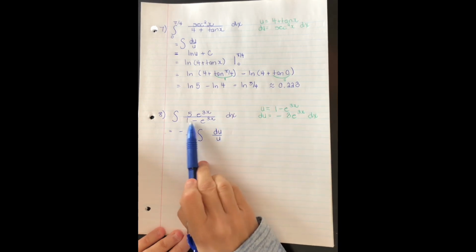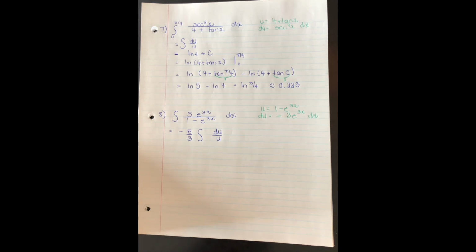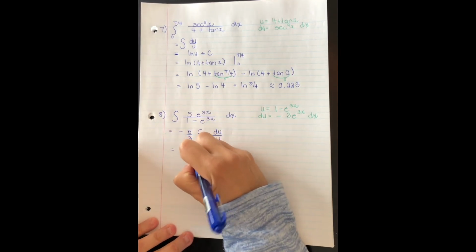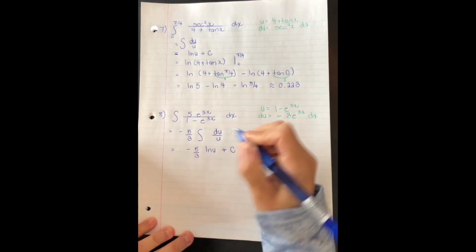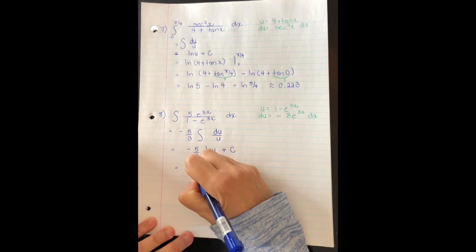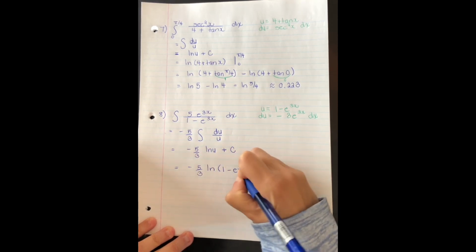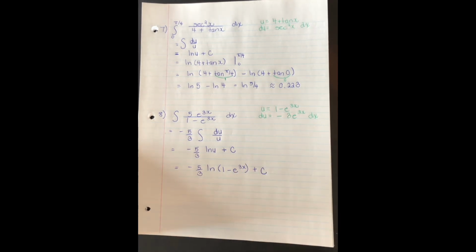Okay, so the bottom is u, and the top was negative 5/3 times du. So now we have negative 5/3 ln u once integrated, and then put back the original binomial for u, and we're all done with problem 8.